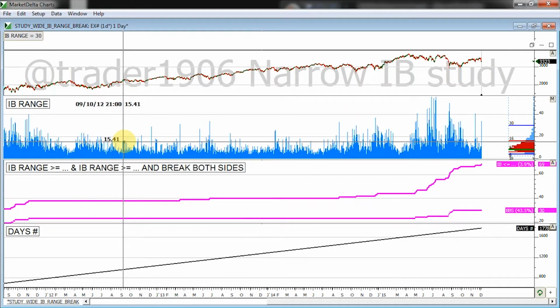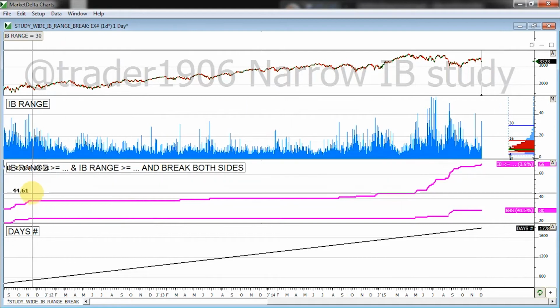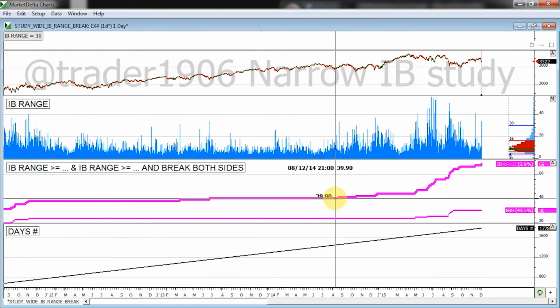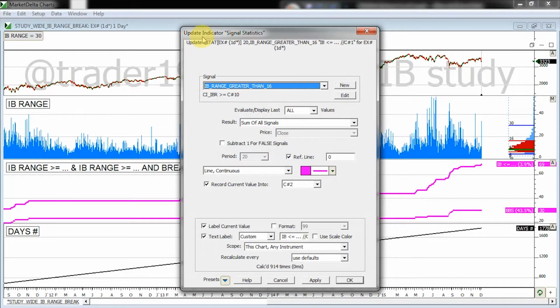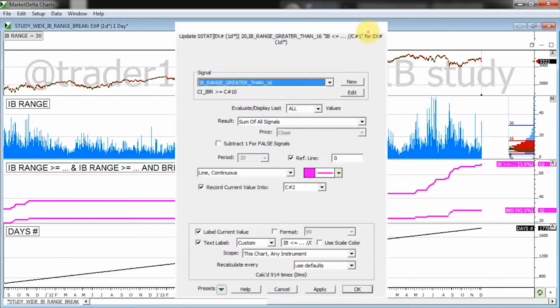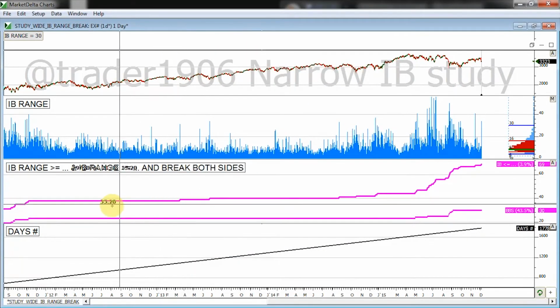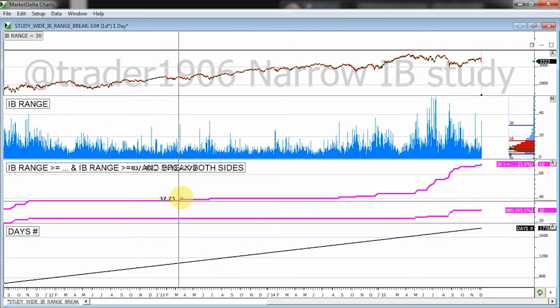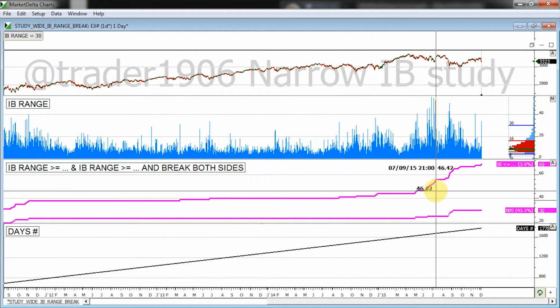Getting back to the study, it's the same study. We're looking here for the range, and then here we're saying, okay, this indicator says, was the IB range greater than or equal to the value we set up here to be 30? Is it true? If it is, then it adds another and accumulates how many times it's happened in the past.